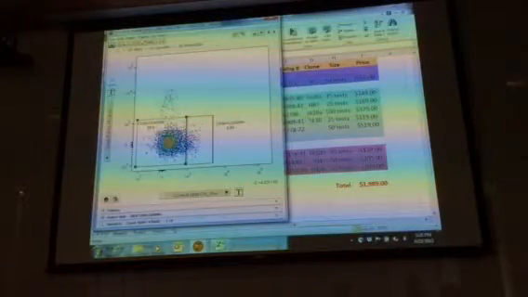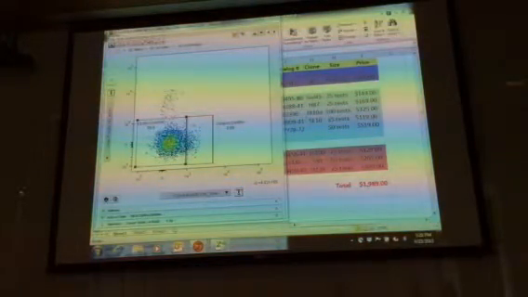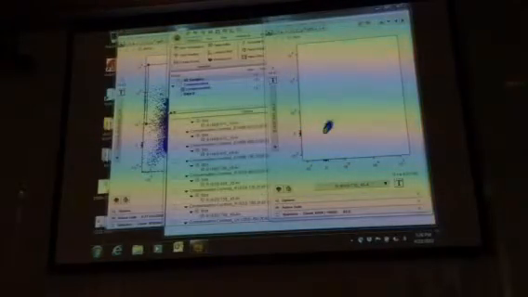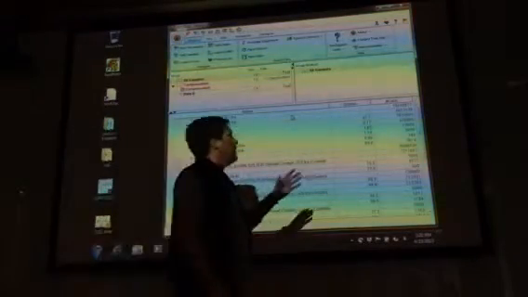So when we go to the data, let's go here. What this is showing us is the number of cells present within each of those different gates.